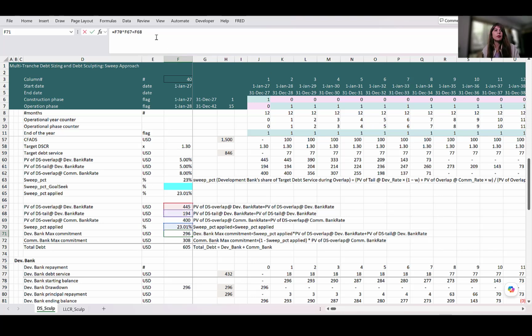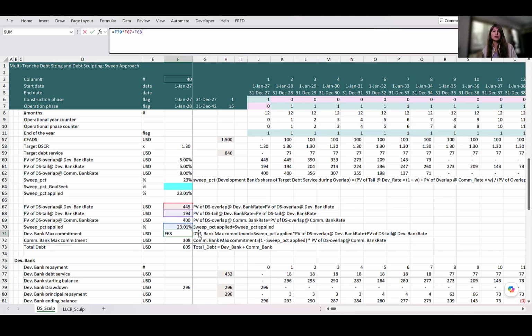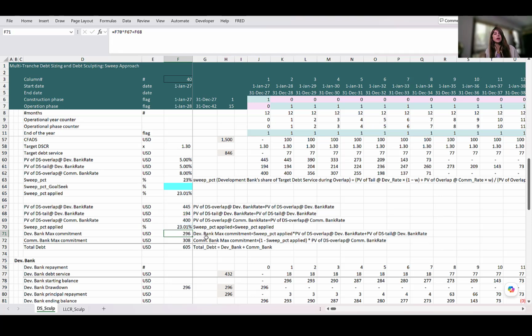So this is simply going to be that share, 23% that we calculated, multiplied by the PV of debt service during the overlap discounted at the Development Bank interest rate, because we are sizing the Development Bank tranche here, plus 100% of the debt service discounted at the Development Bank interest rate. So that's going to give you the Development Bank maximum commitment.